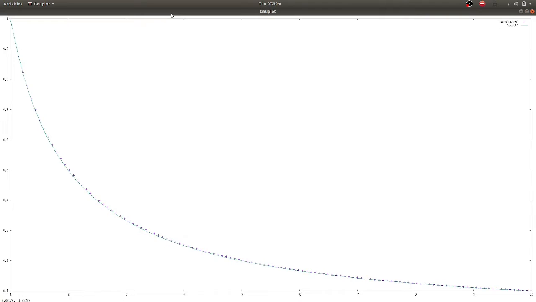And as you can see, there's pretty good agreement between our computed solution and the exact solution, just as it should be.